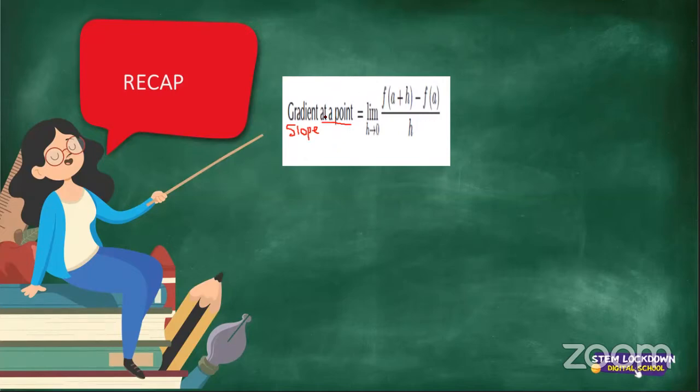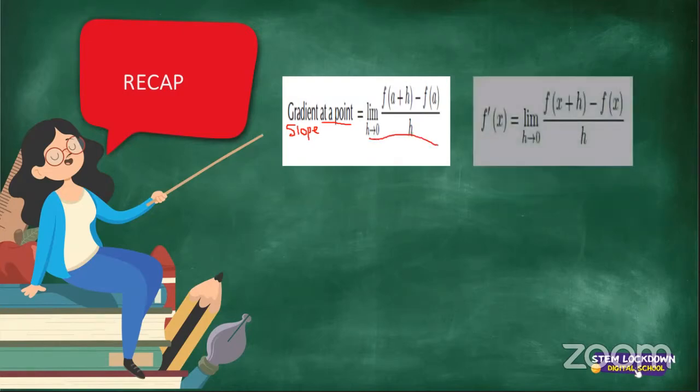If you're calculating the gradient at a specific point, you can use the limit to find the derivative of a function. So if you're given the function, you can just calculate the derivative and you get your gradient at a particular point.